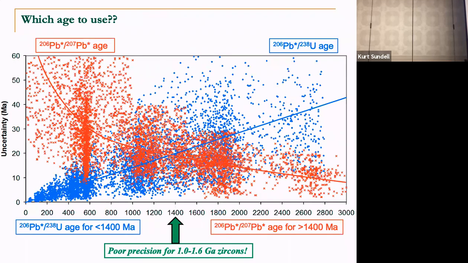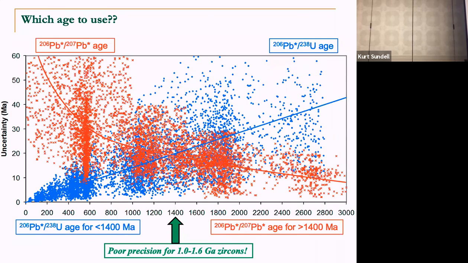Okay, so what are we going to use? This diagram is horrifying the first time you see it, but I promise it's not bad. On the x-axis, we have age. On the y-axis, we have uncertainty in millions of years. What you'll see is that for young grains, these blue colors are the 206/238 age. These red colors are the 206/207 age. For young grains, this 206/238 age does much better. It's much lower uncertainty.